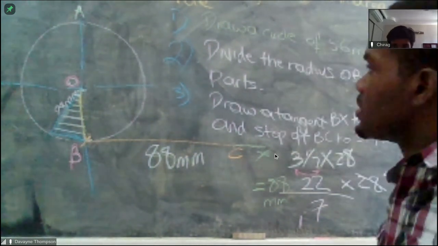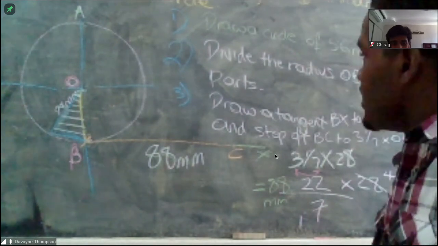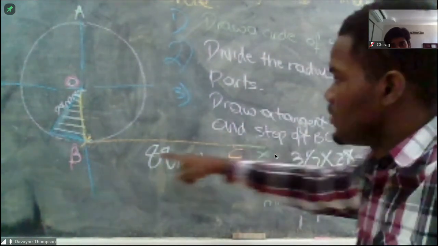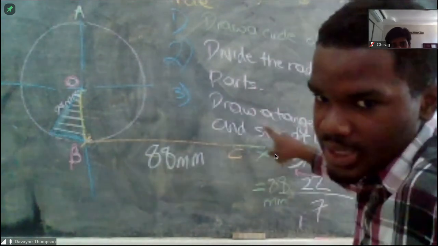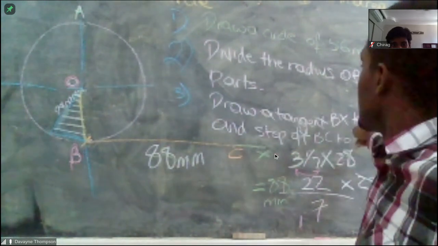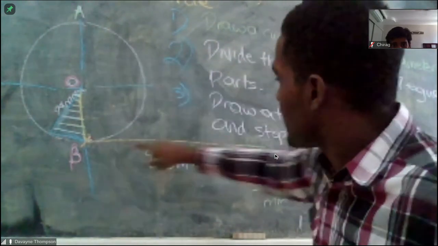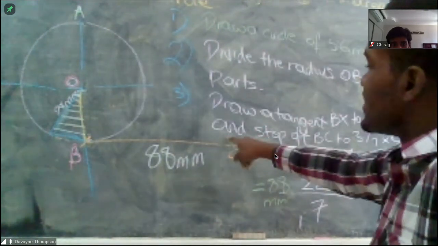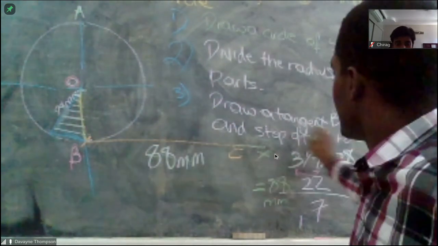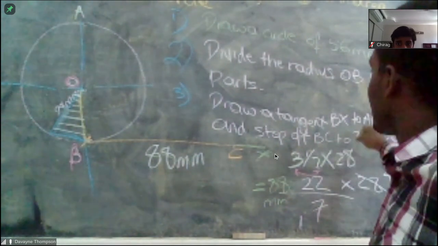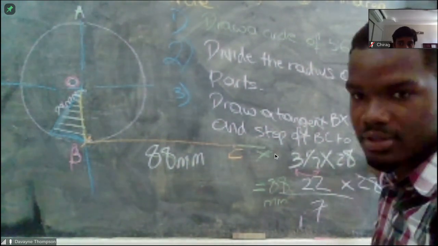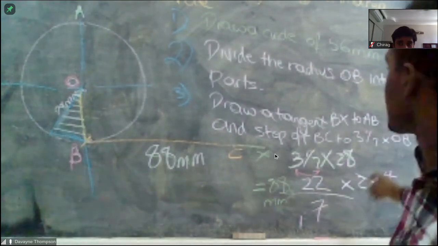Sure. So step 3 reads, draw a tangent BX, which is right here, B to X, to AB. So from AB, draw B to X. So we did that. Then it says step off, which means to find accurately BC, which is found by multiplying 3/7 times OB.